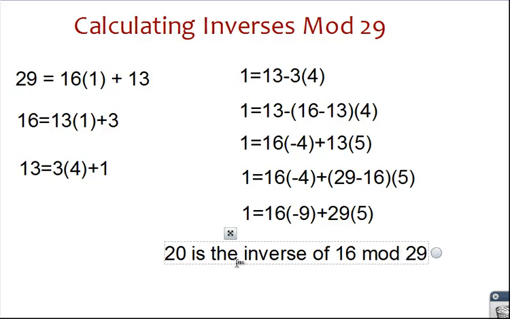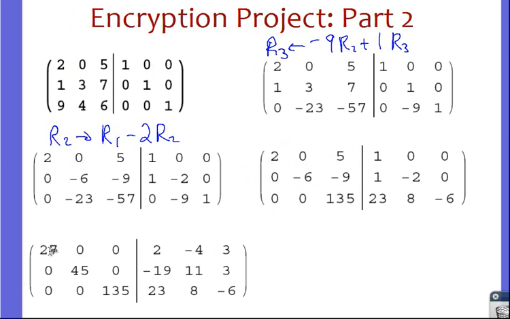Okay, and you can check that. 20 times 16 is 320, and 320 divided by 29 is 11 with a remainder of 1. 11 times 29 is 319, and so we've done it. You want to do those for the remaining two values in your diagonal, and then you would just multiply each row by that value, and you are set.